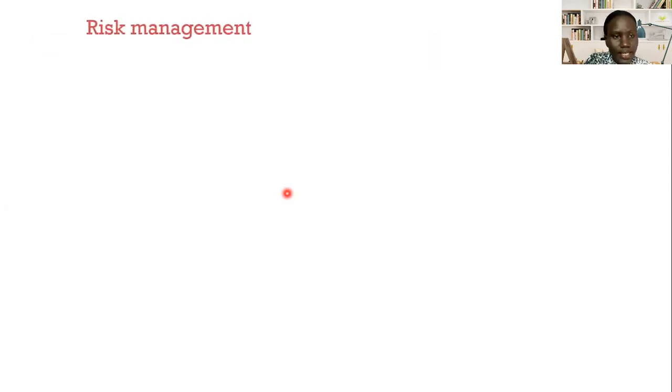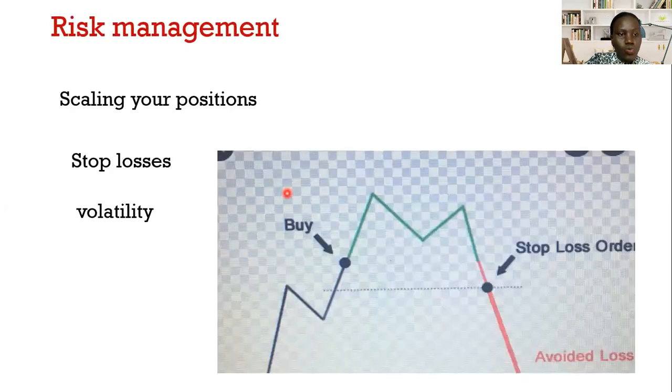Risk management. Risk management is like how you scale your position, how much capital you have, how many positions you want to trade, how much you are willing to risk, and what your targets are in the profit taking and all those stuff.